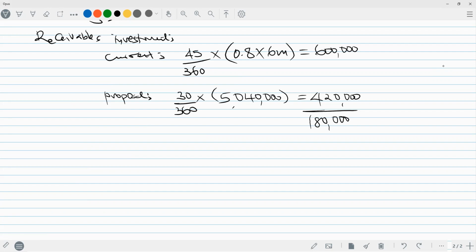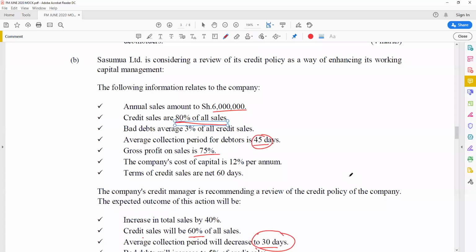Since the company is investing less towards the accounts receivable, they're going to be borrowing less money. So since the company is investing less, the financing cost will also be reducing. The person who currently finances the company charges a fee of how much? 12%, a fee of 12% per year. Going forward, we are borrowing less money by 180,000. So 12% of that 180,000 becomes a saving to the company.